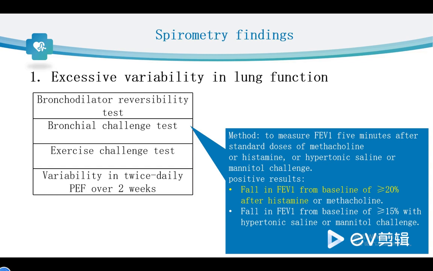So please remember, we just do this bronchial challenge test in patients with normal FEV1 or with just a slight decrease of the FEV1.